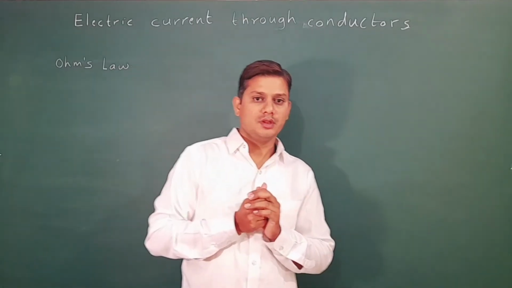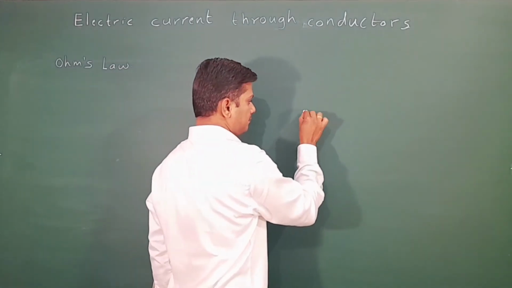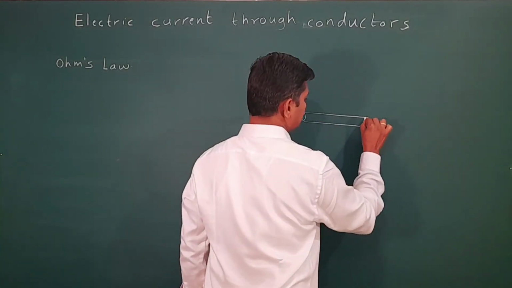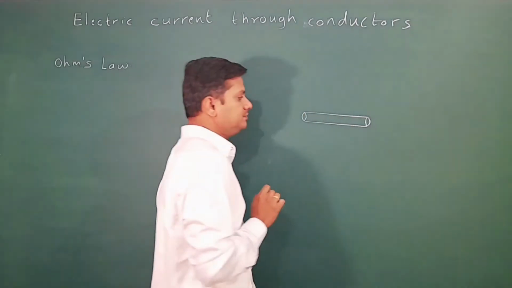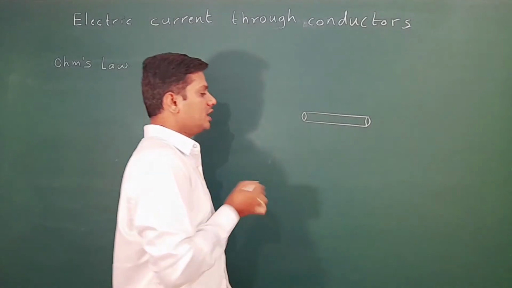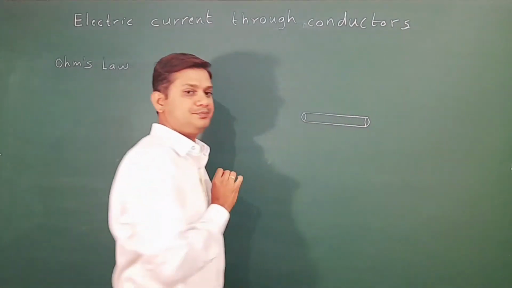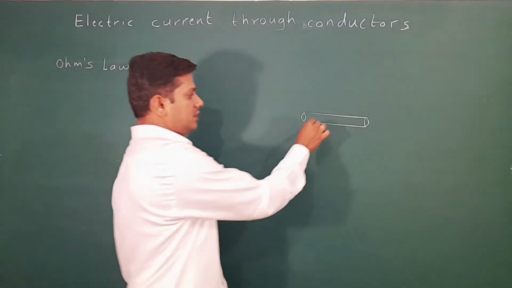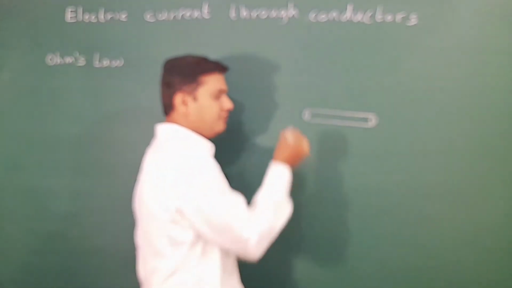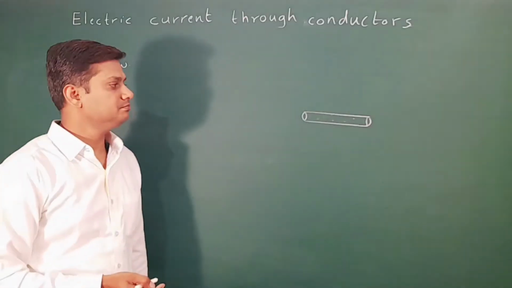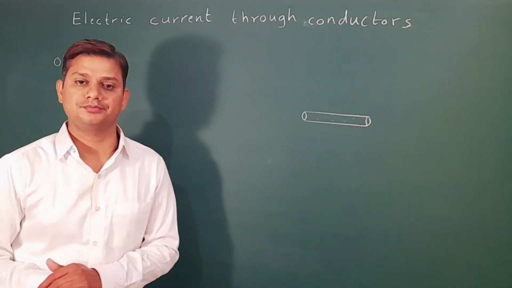Let's say there is a pipe which is horizontal. Now if the pressure at this point and the pressure at this point is the same, will the water inside the pipe flow? No, it won't flow.